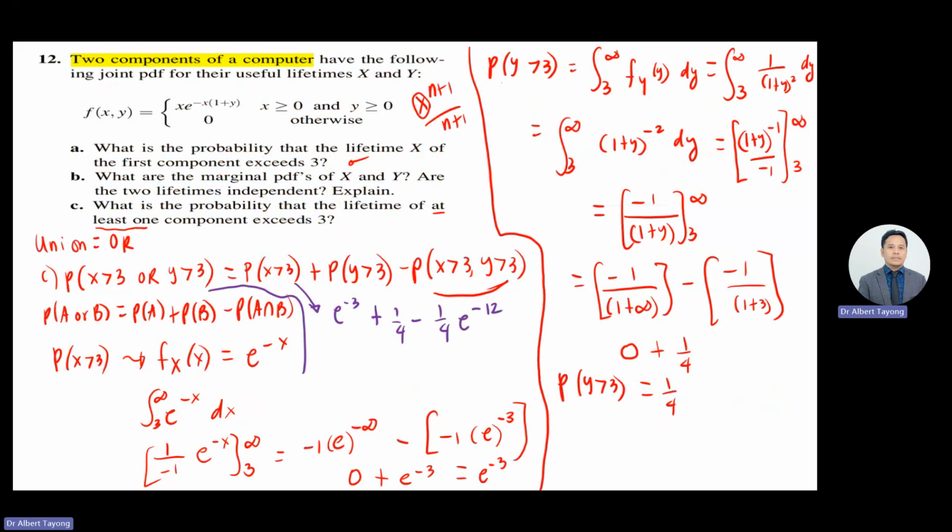So let's calculate this. Shift ln negative 3, it's 0.049, plus 0.25. And then this one minus the 0.25, 1/4 times shift ln negative 12.